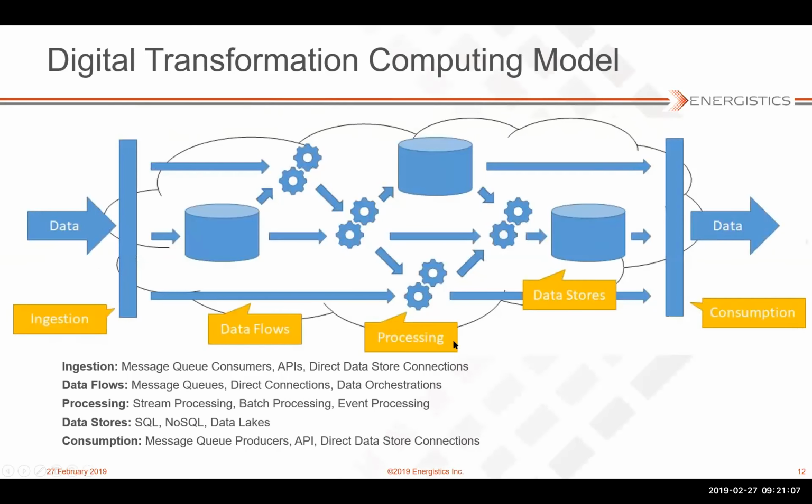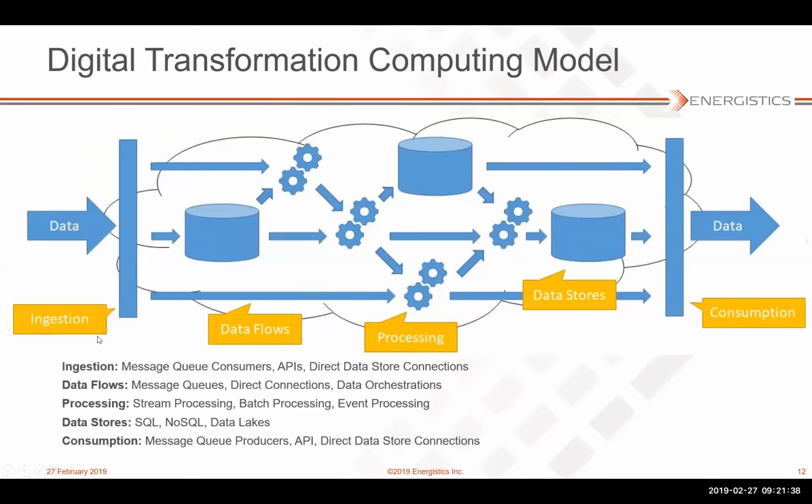And people are taking these processes and these technologies and so on, and they're typically building what I'm calling this digital transformation computing model, where typically some part of this is running in the cloud, although in some cases it's still a data center. But this is really the common paradigm that any sort of production deployment of a digitized or digitalized system that enables digital transformation looks like.